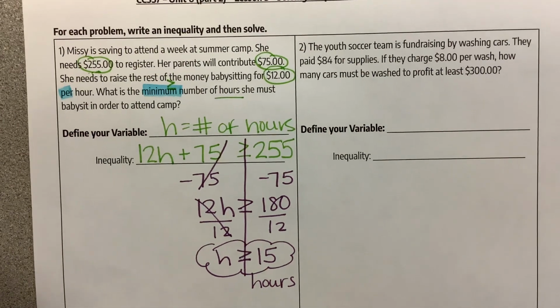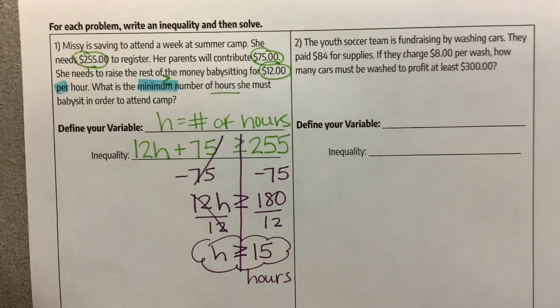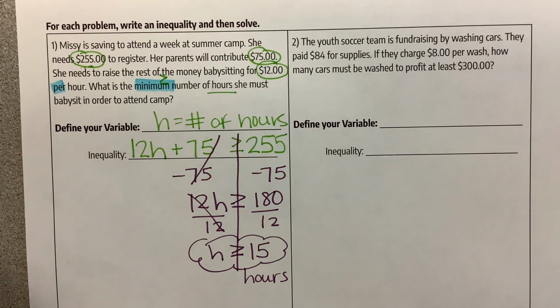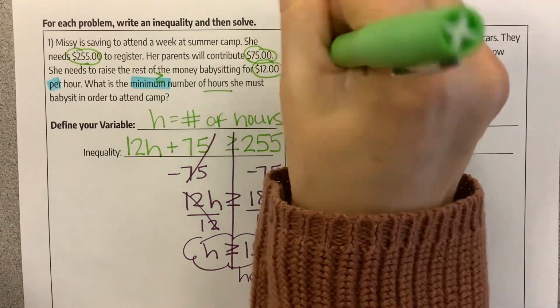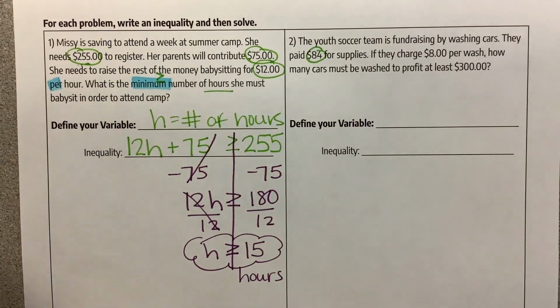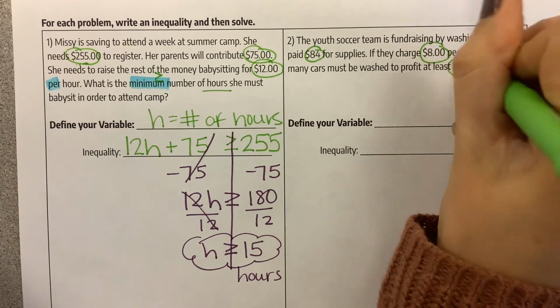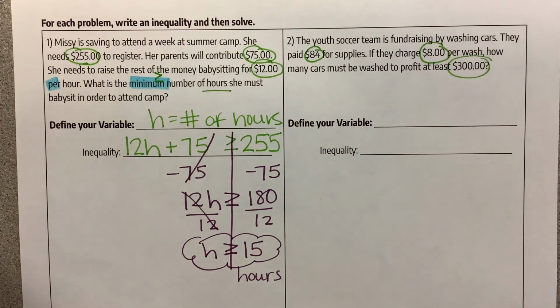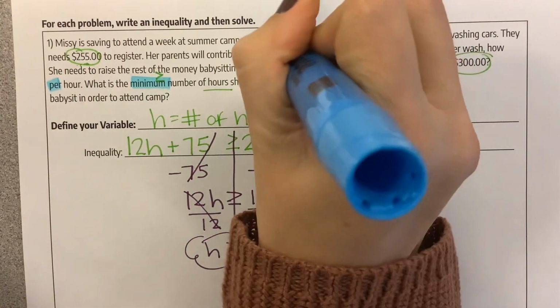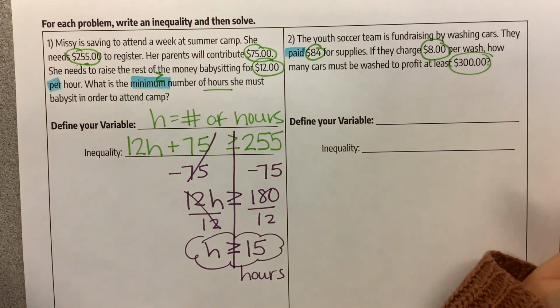Okay, number 2. The youth soccer team is fundraising by washing cars. They paid $84 for supplies. If they charge $8 per wash, how many cars must be washed to profit at least $300? So some key words in there. They paid $84 for supplies.